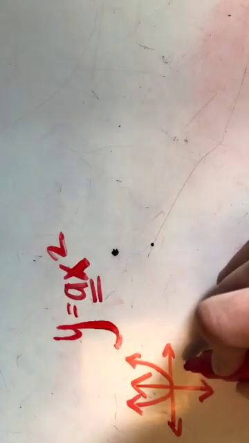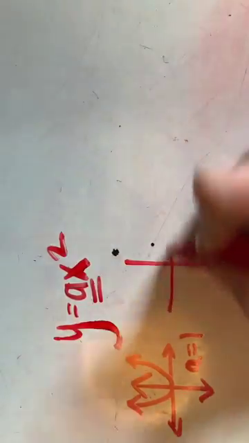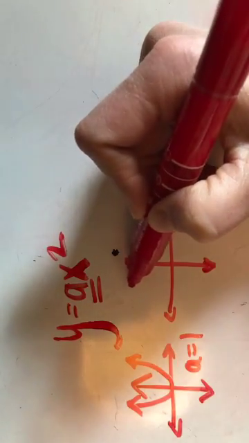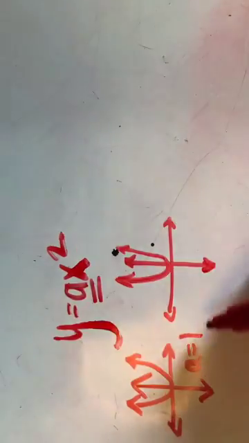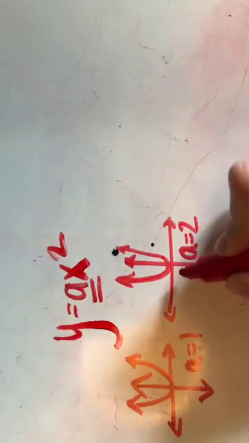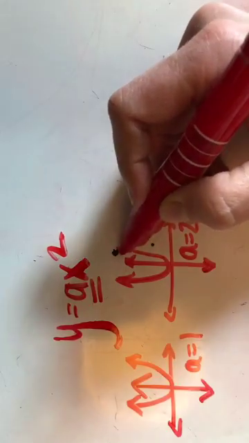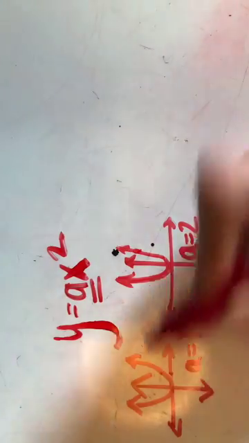Now, if a is 1. Now, if a changes to be 2, for example, then it's going to be skinnier than our original. And we talked about why that is: each of these y values gets multiplied and goes up higher than it would have for here.